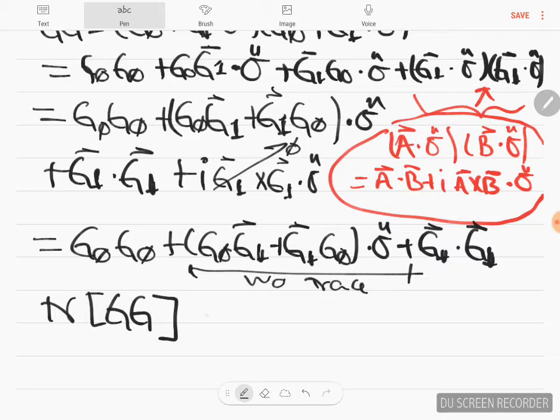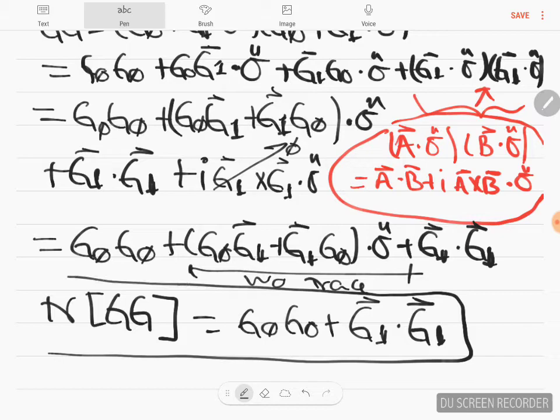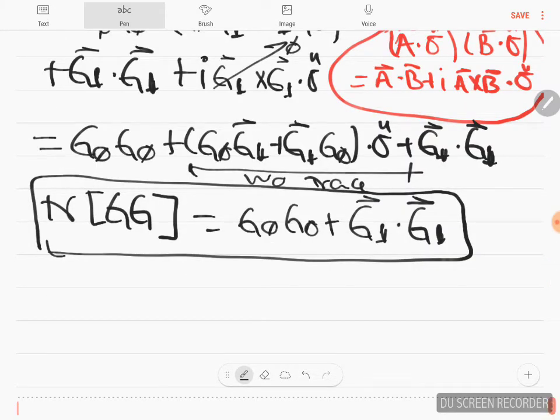No trace. The trace is just G0 G0 plus G1 G1. So this is quite an important result. We need some other results of this sort that we have to derive as well.